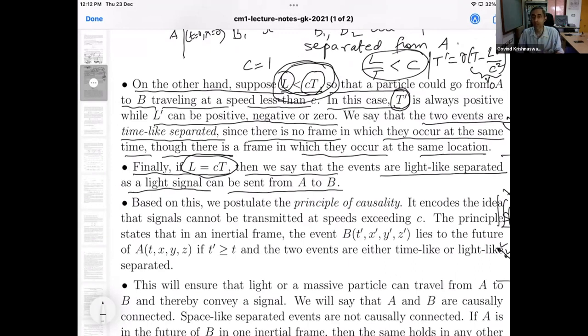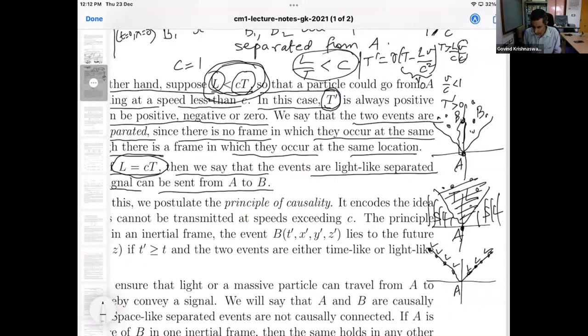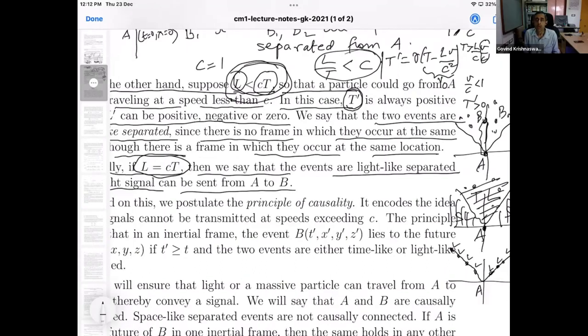We usually think of frames that do not move at the speed of light. But please repeat. You want a frame that is attached to that light signal. Is that what you're saying? Yes, that's what I was saying. Light pulse. I mean, if L is equal to CT, then I think that's what it should come out to.